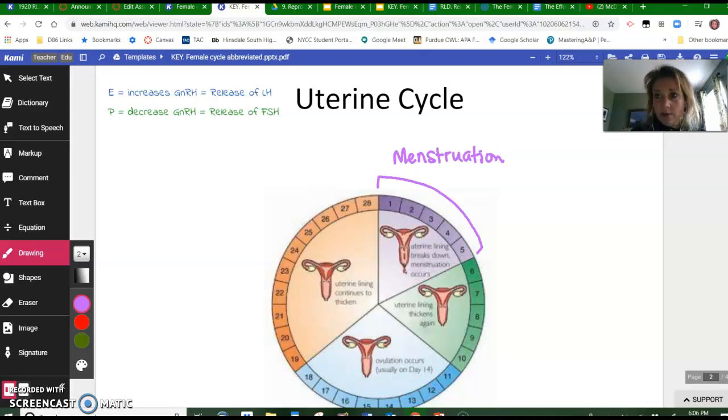Since we're talking about the uterine cycle, we have to talk about the endometrial lining. And during menstruation, the endometrium is being shed. And that's what is causing the bleeding.